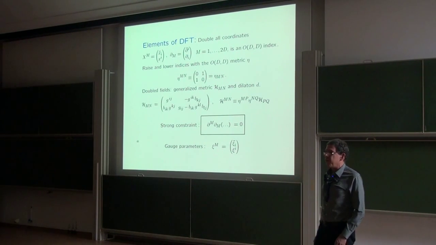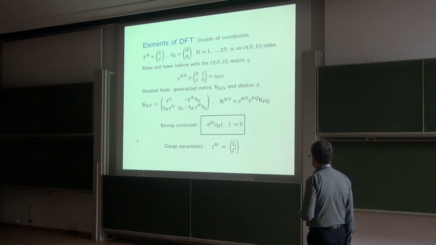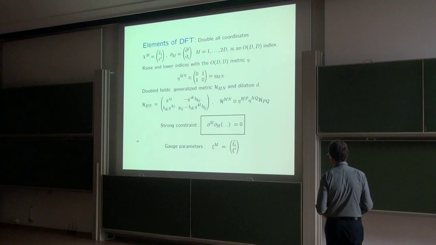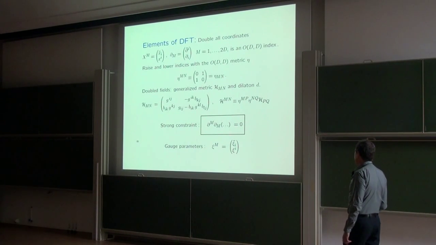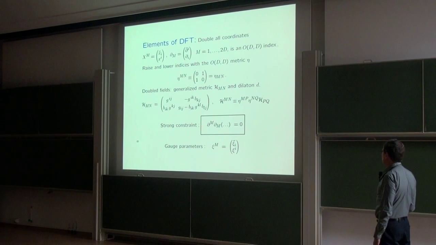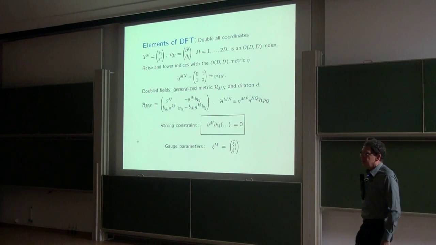Now, if your double field theory is supposed to give you the same physics as the low energy effective actions of field theory, you should impose what is called the strong constraint on every field and every gauge parameter, and in every product of fields on any object of this theory. This should be true, this Laplacian condition.